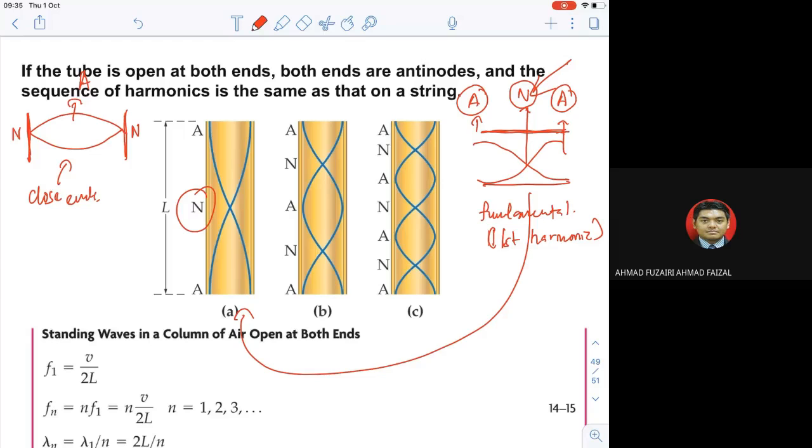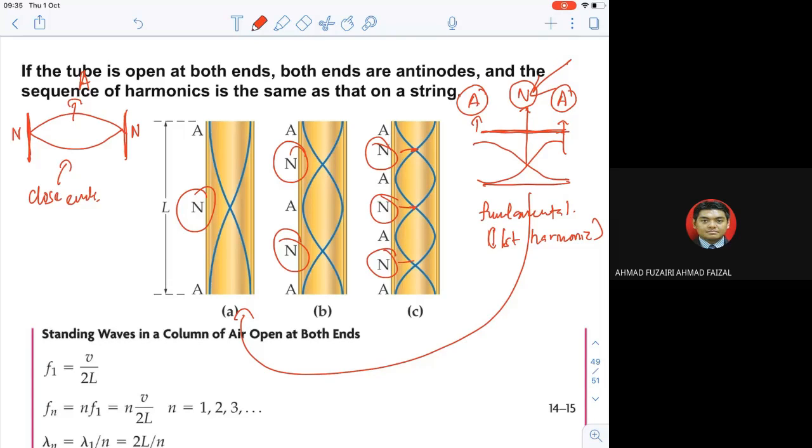For the second harmonic, you will see double N, and for the third harmonic, you will see triple N, because N is the most important thing in the open end. So there are only three node points over here. The middle node is where it meets.